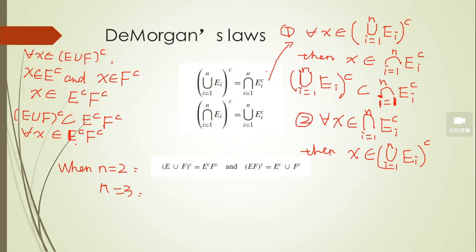So this is E's complement intersected with F's complement, which means x is in E's complement, and because this means the intersection, x is in F's complement, right? That is the one we did, right? X is in both complements.